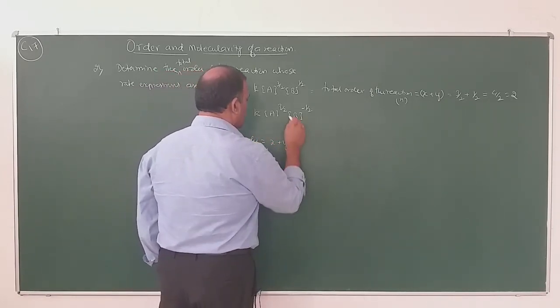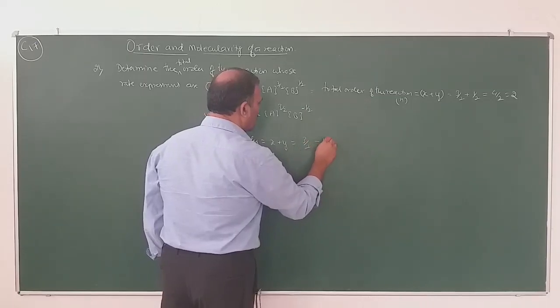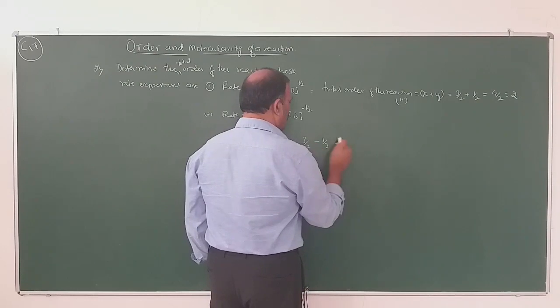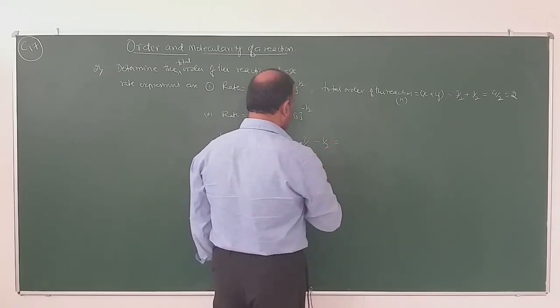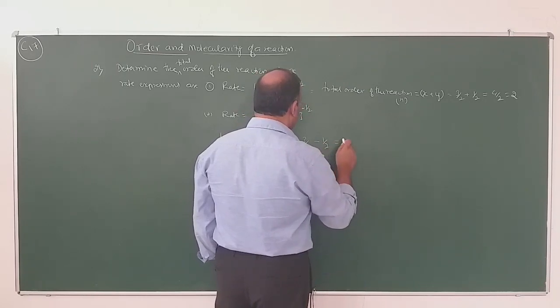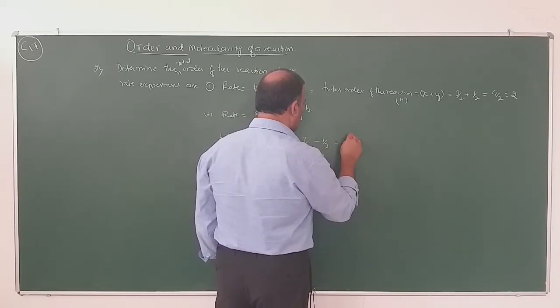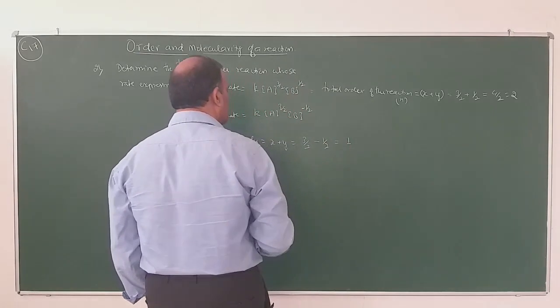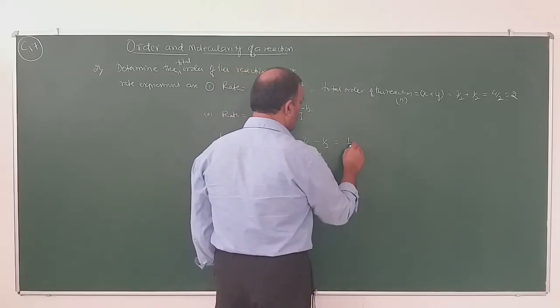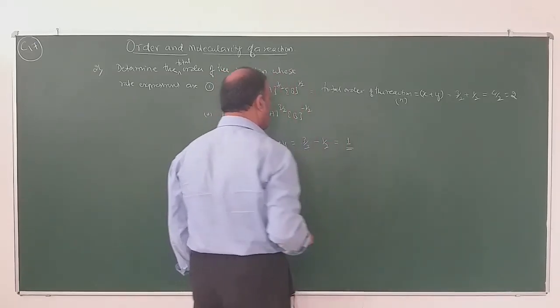What is x plus y? This is 3 by 2 minus half, 3 by 2 means 1 and a half, minus half, that is equal to 1. So this is order equals 1.